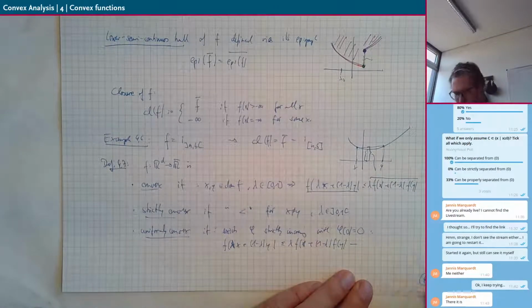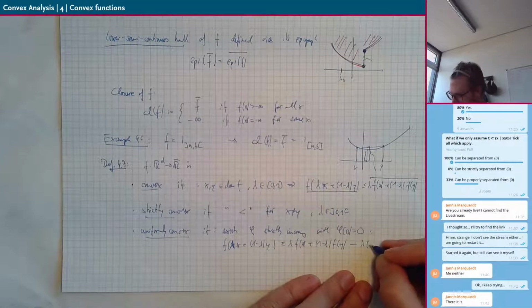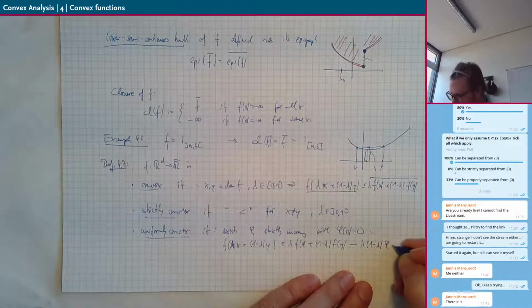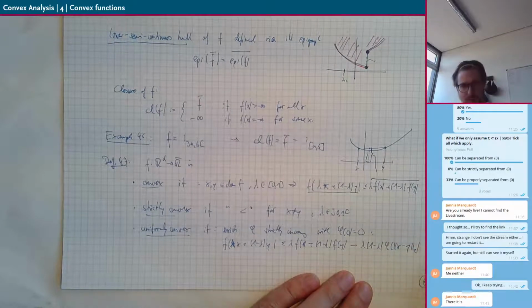The little bit depends on a few things, and what we need here is lambda times 1 minus lambda times phi of the norm of the difference.